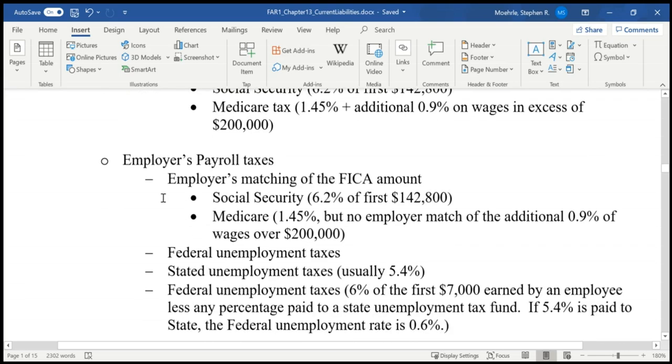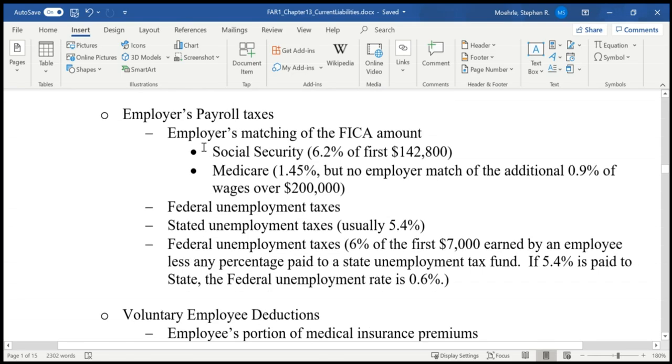Employers' payroll taxes. Not only do employees pay taxes, but the employer matches them. The employer has to match your Social Security and your Medicare. So if you own a business, that becomes one of the costs of being in business at those same rates.